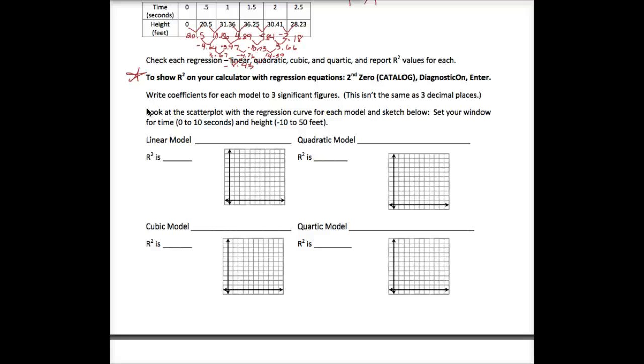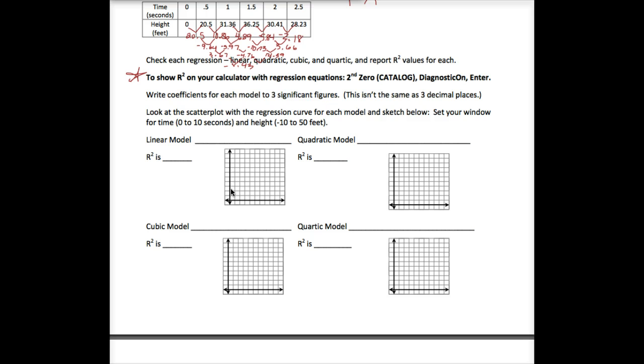Then our L2 is going to be the height data, so the 0, the 20.5, so on and so forth. So please enter all of that data in your L2. Make sure it matches up, double check the data. There's not that many data points, but having the wrong data points will just mess everything up.